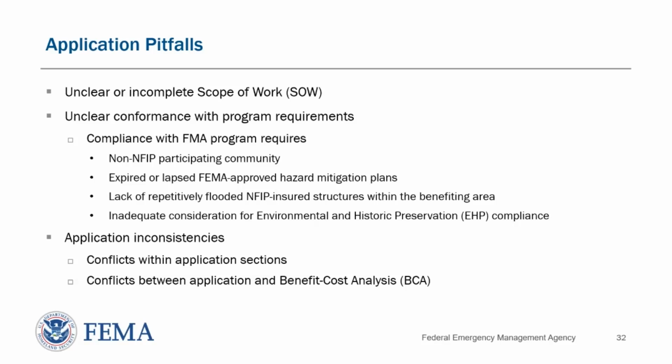FEMA-approved hazard mitigation plans are expired or lapsed. There is a lack of repetitively flooded NFIP-insured structures within the benefiting area. There are inadequate considerations for EHP compliance, or there are application inconsistencies, including conflicts within the individual application sections, or conflicts between the application and the BCA.